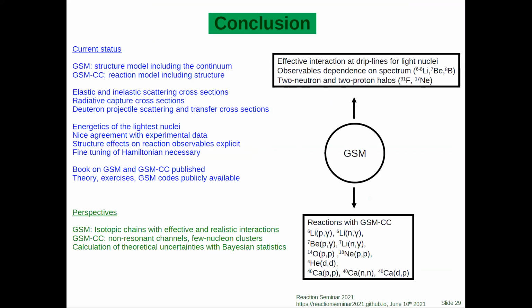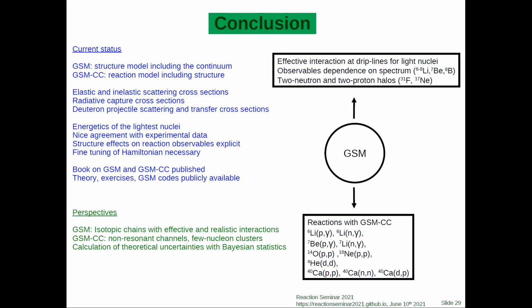Then as a conclusion, we have the Gamow Shell Model, with two main models: the Gamow Shell Model for structure and GSMCC, the Gamow Shell Model for reactions. They are complementary because GSM includes the continuum in a structure model, whereas GSMCC includes structure in a reaction model, because targets are calculated with a shell model approach.